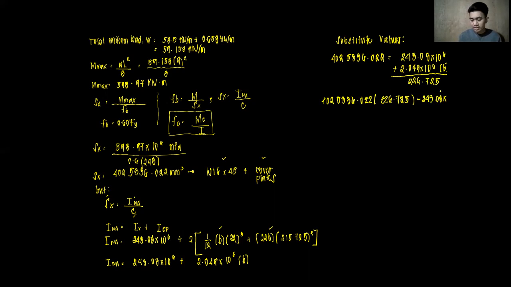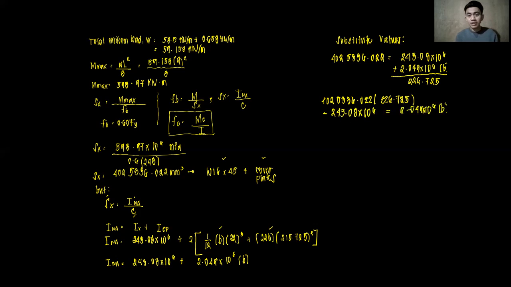Hindi na kasya dun sa screen natin. So let me place it here at the bottom. Minus, transpose ko lang, 243.08 times 10 raised to 6 is equal to, ayan, this quantity is equal to 2.049 times 10 raised to 6 of B.